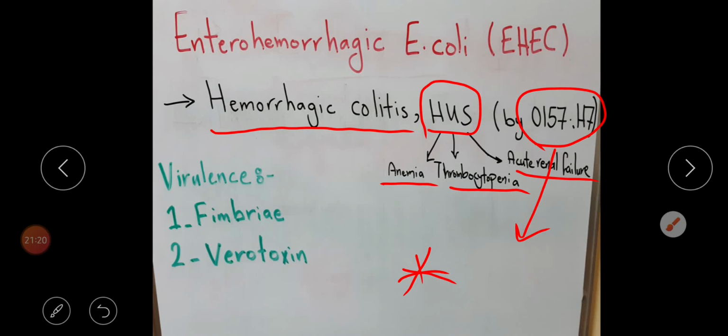Now, what are the virulence factors of enterohemorrhagic E. coli? It includes the plasmid-coded fimbria that help the enterohemorrhagic E. coli attach themselves to the enterocytes, and they produce cytotoxins called verotoxins. These verotoxins are similar to the Shiga toxin, which is produced by Shigella.